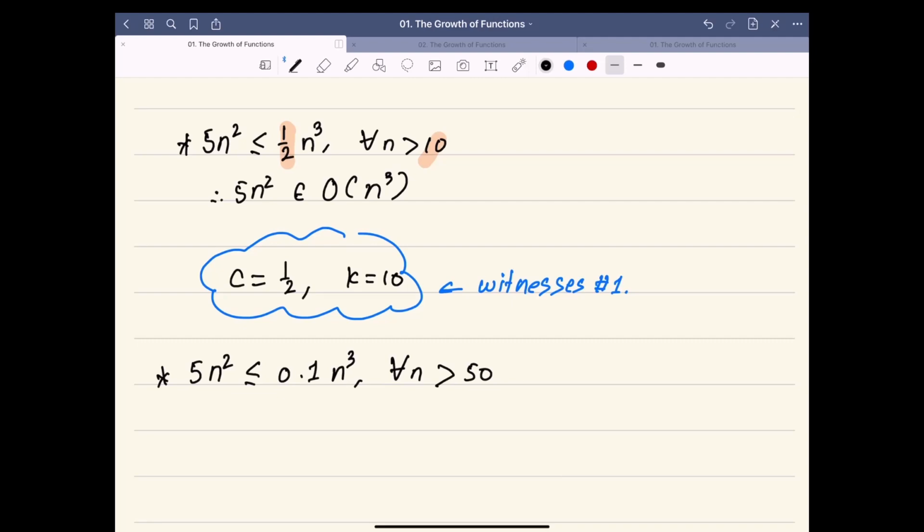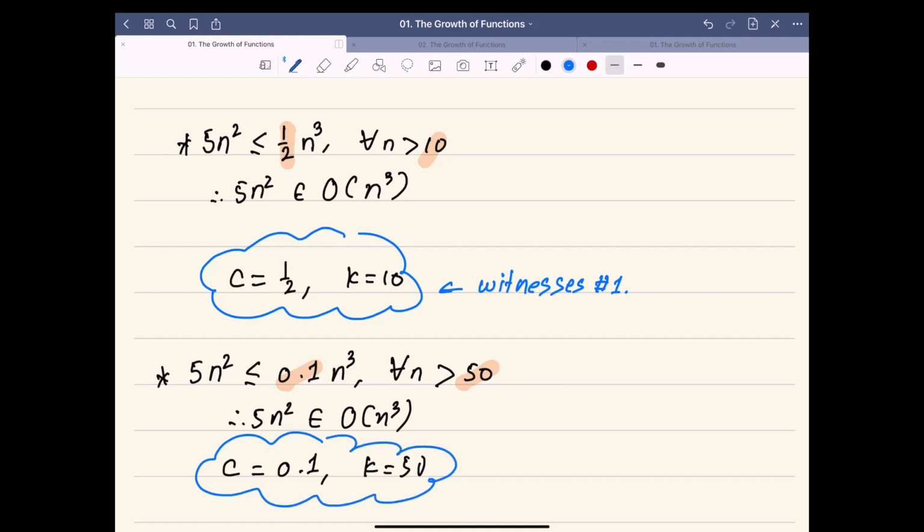According again to the basic definition of big O, 5n squared belongs to big O of n raised to power 3, which is the same as the relationship we obtained earlier, but with different constants. This time c is 0.1 and k is equal to 50. Again, we have obtained different witnesses for the same relationship, and we will label them witnesses number 2.